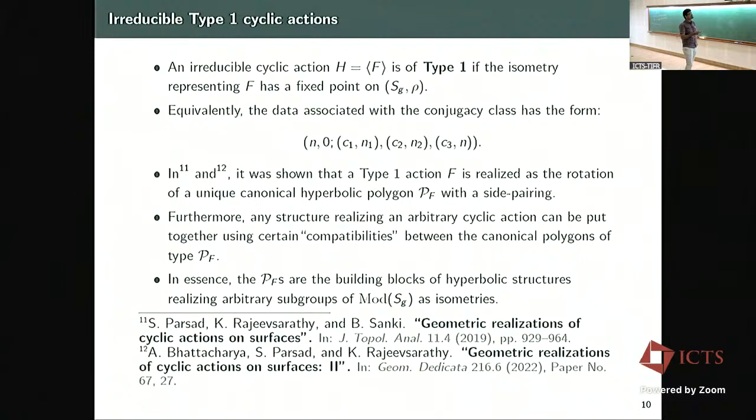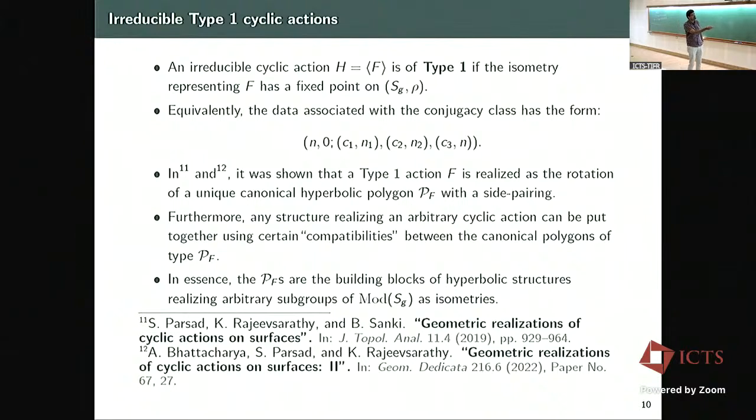So the irreducible cyclic action is of type 1 if the isometry representing F has a fixed point on the surface. We know that it acts by isometry because the mapping class is represented by an isometry. Equivalently, if you take the conjugacy class that I talked about, which comes from the Nielsen data, that will have an N here, definitely.